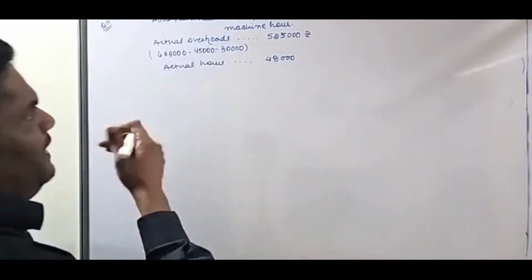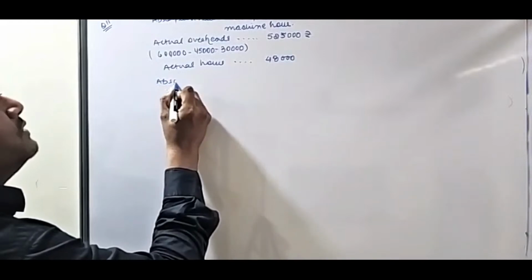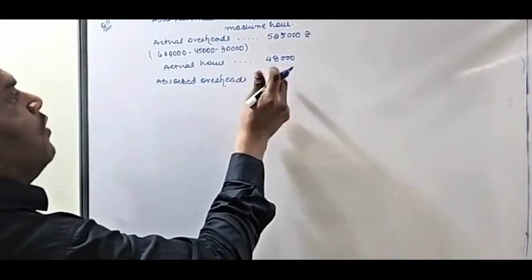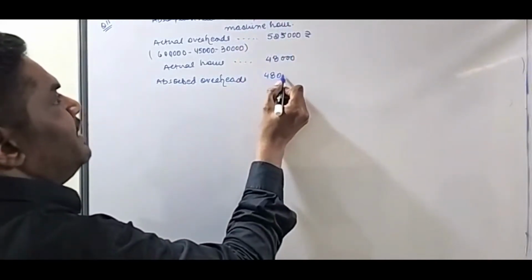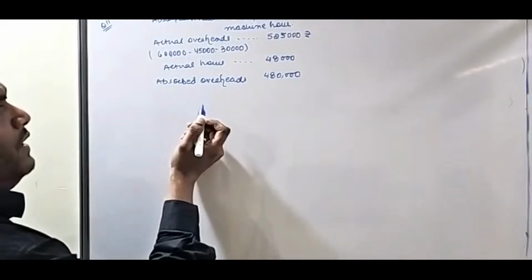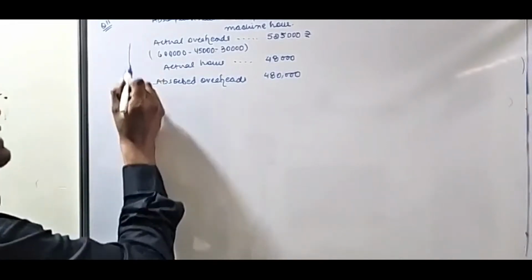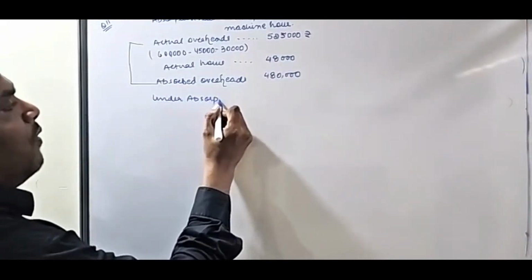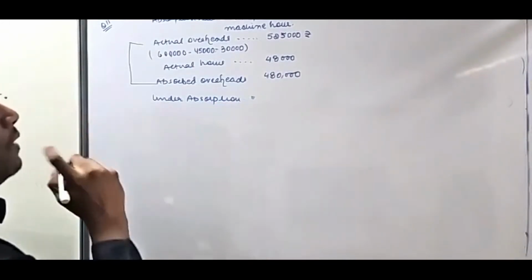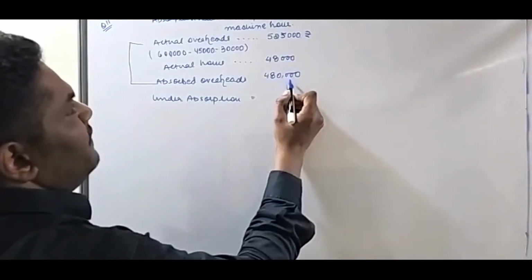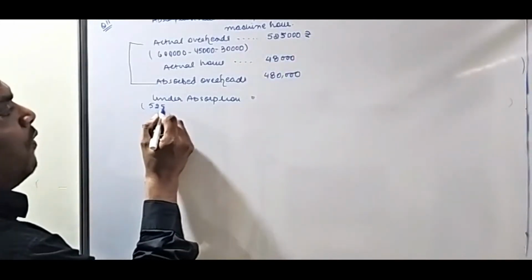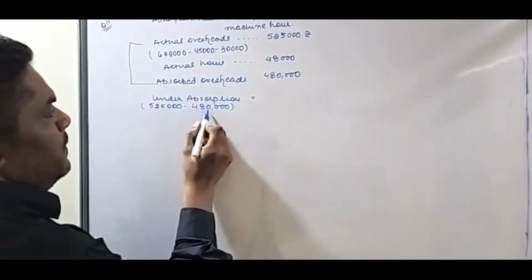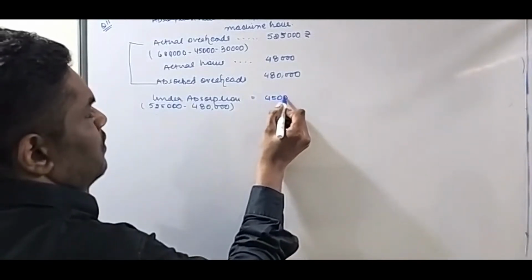So now we have the data ready. Let's calculate the absorbed overheads first. 48,000 into 10, this will be 4,80,000. Now we'll calculate the under absorption. See, absorbed overheads are less than actual overheads, so it is by default under absorption only. So this will be 480 minus 525, that is 45,000.